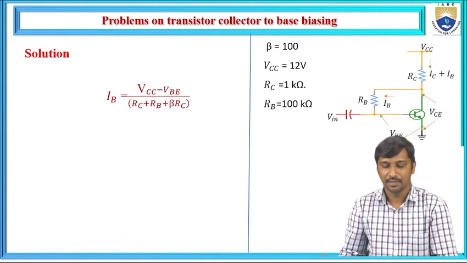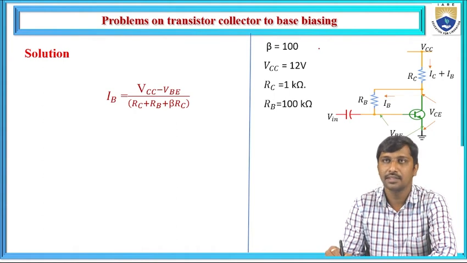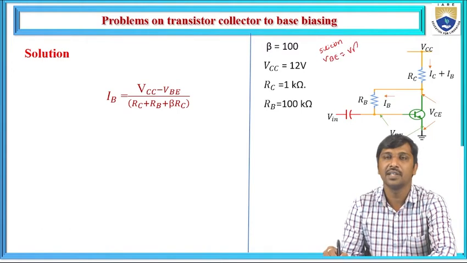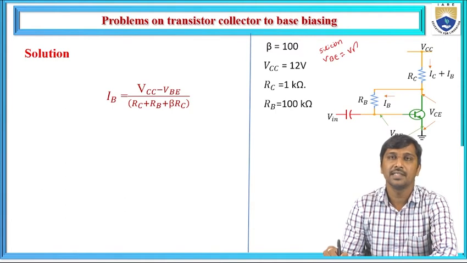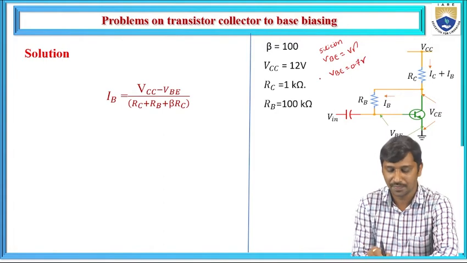Now we can substitute. Again, I consider that the type of the transistor is silicon, so the VBE parameter is equal to the cut-in voltage, because the emitter base junction is forward biased. Hence I am going to assume VBE as 0.7 volts.